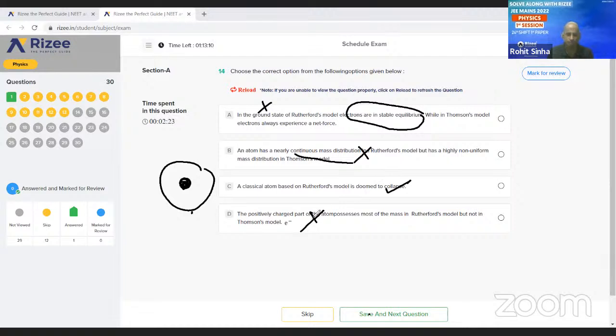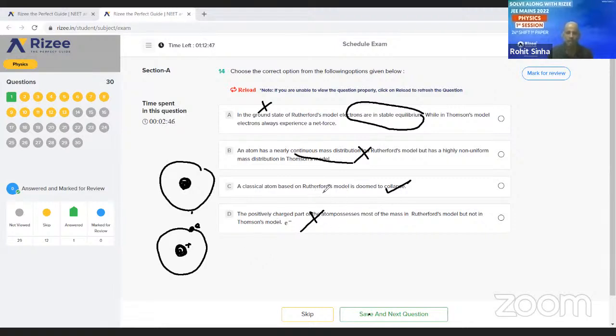In the Rutherford model, it was said that the center has a concentrated positive charge, and the electron, that is negative charge, just rotates in the orbit around this nucleus. Okay, now this was wrong.